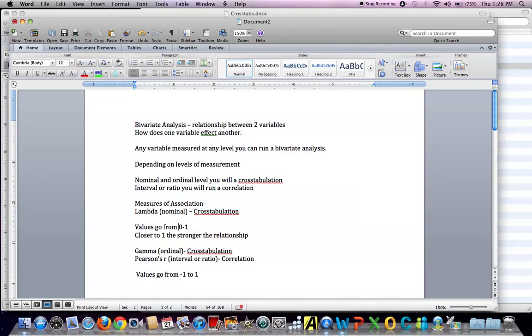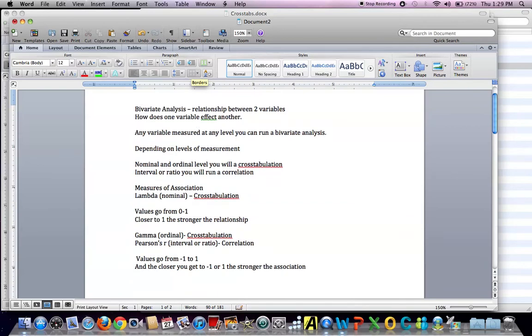With gamma and Pearson's R, there is a rank order, so the category that's below is different in value or quality than the category above it, and they can show direction. The closer you get to -1 or 1, the stronger the association is.